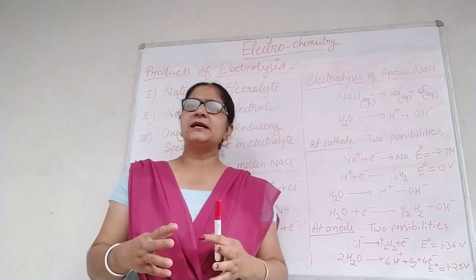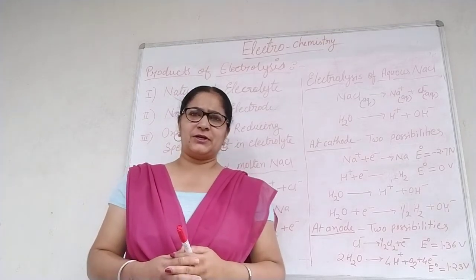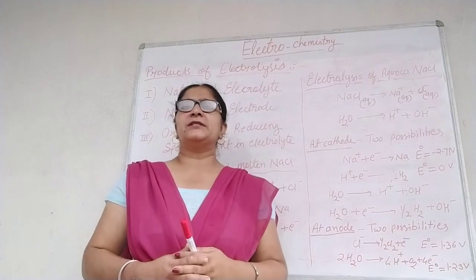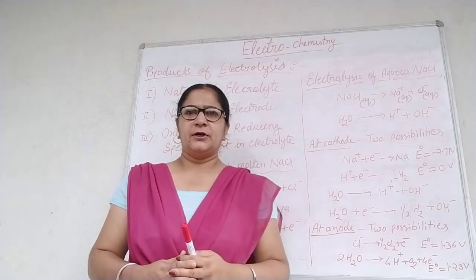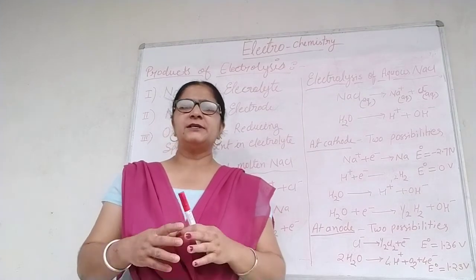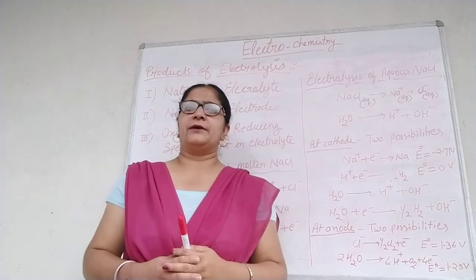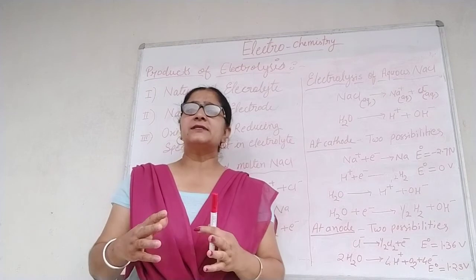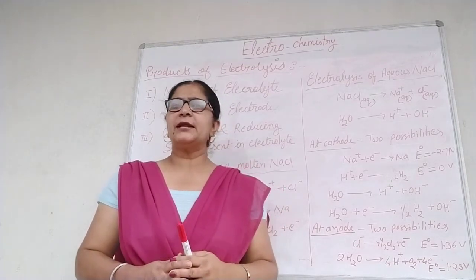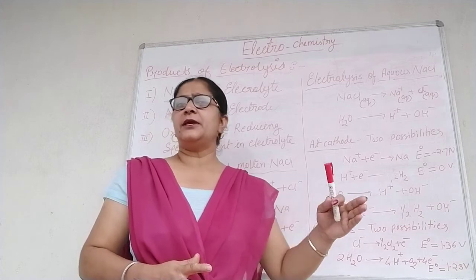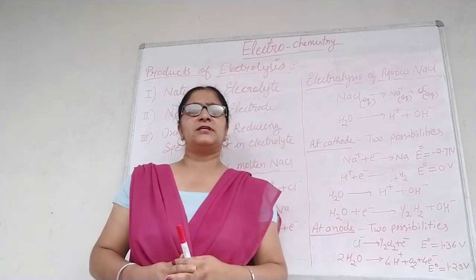But this reaction does not occur actually. The overpotential required for the oxidation of water to give oxygen gas is very high. That's why this reaction is kinetically very slow and chlorine gas is released in preference to this oxygen gas.